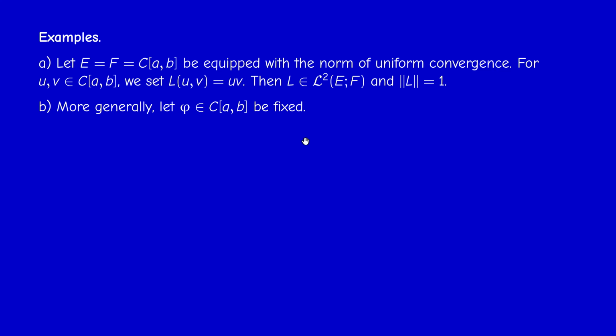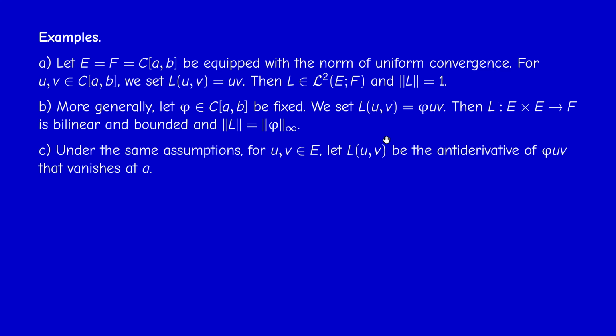Okay, and more generally, if we fix a continuous function phi, and we consider the operator of multiplication against phi, then this is also bilinear, and it's bounded as well. And as you may check, the norm of L is equal to the supremum norm of phi. So here again, double inequality.